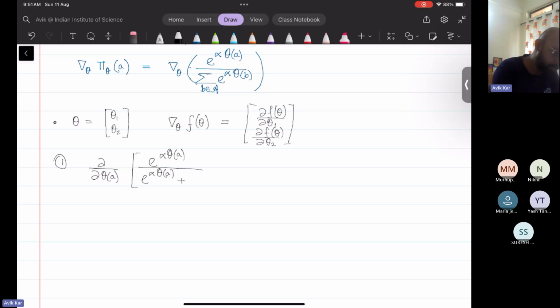The other things are constant because this is a partial derivative, so the sum over b not equal to a of e raised to alpha theta b is constant.